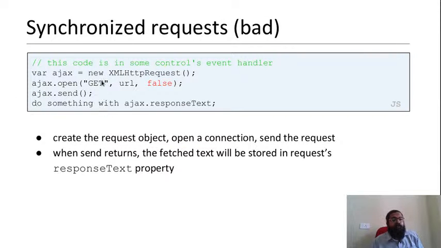So method, URL, and false, it is not asynchronous, which means that it is a synchronized request. And then you do Ajax.send, and then do something with Ajax.responseText. This last thing is just an idea about what we are going to do. Once we get the response, we will do something with that. But this is not a very good idea. So create the request object, open a connection, send the request.